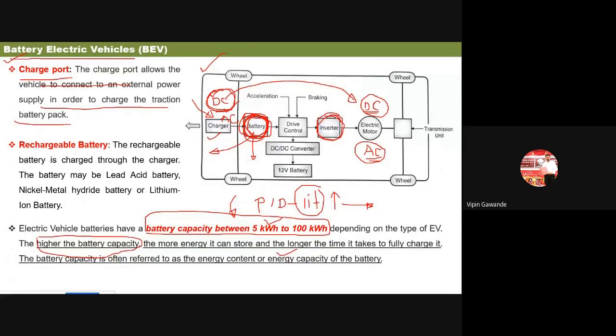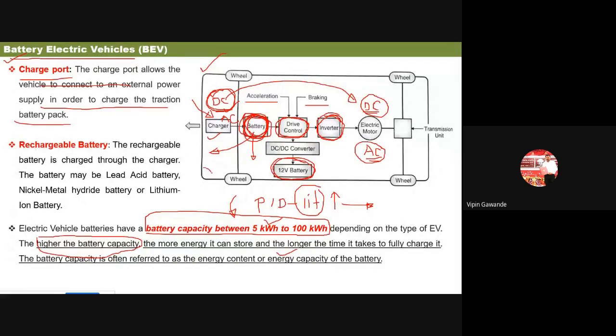Okay, now we have converted that one. Now, to control this electric vehicle, we require some drive control here. So there are electronic components which will control the acceleration and the braking. Okay, so all the auxiliary parts of the vehicle are controlled by means of this drive control. And there is one auxiliary battery which is used for operating the accessories. Accessories means what?